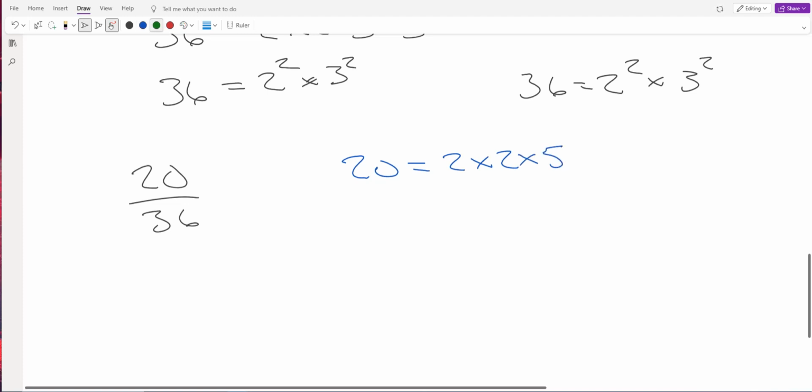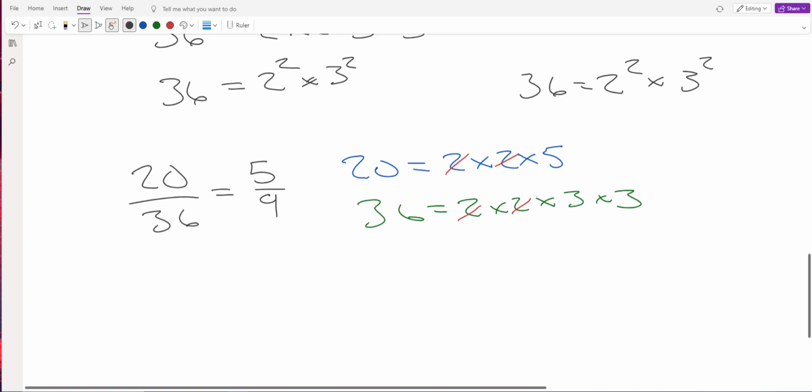And we saw earlier that 36 was equal to 2 times 2 times 3 times 3. And so we can go ahead and cancel out what they have in common. So we can cancel this 2 and this 2, and then this 2 and this 2. And so 20 over 36 would also be equal to 5 over 9.